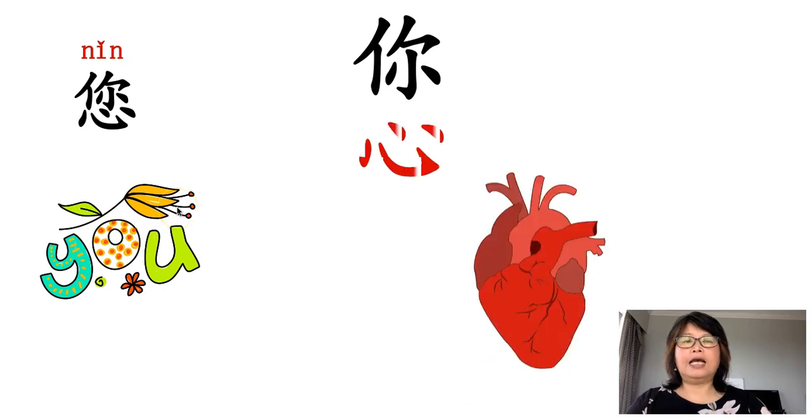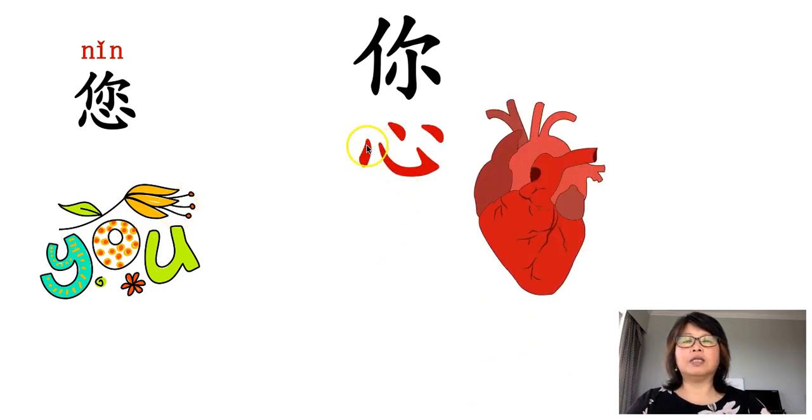So when we address an elder or a teacher, we use 您 rather than 你 to show our respect. So the top is 你, at the bottom is a heart. So this is the Chinese word for heart, looking like the shape of a heart. So I show my respect from the bottom of my heart.